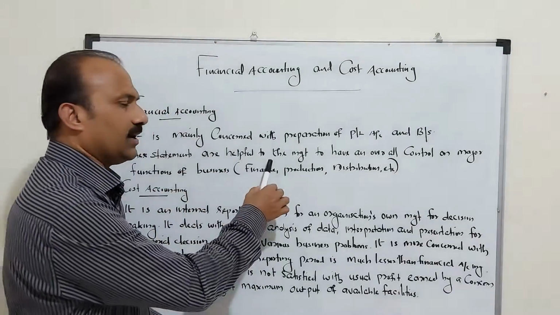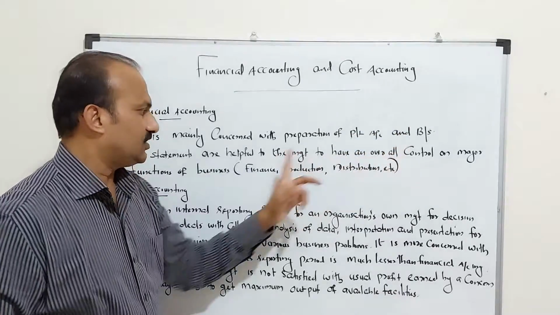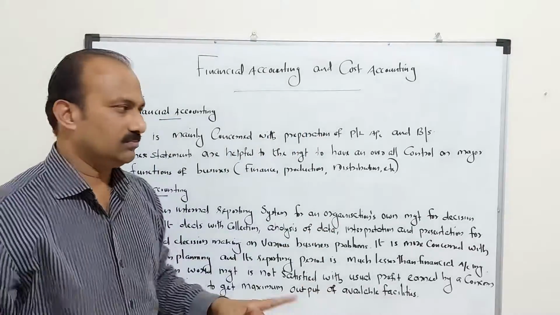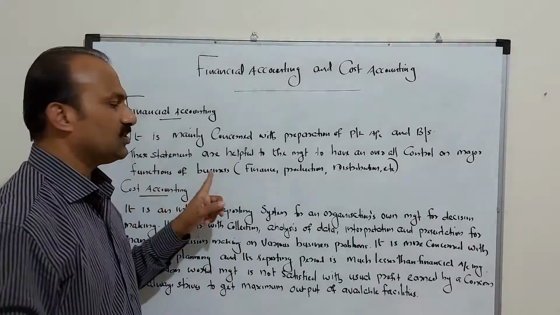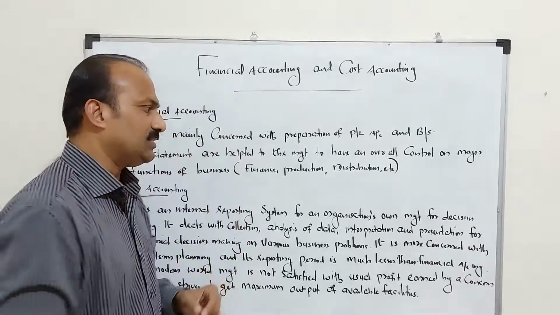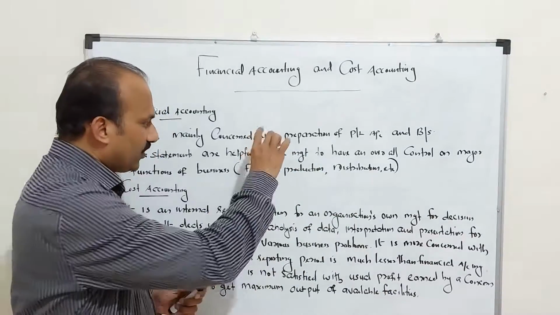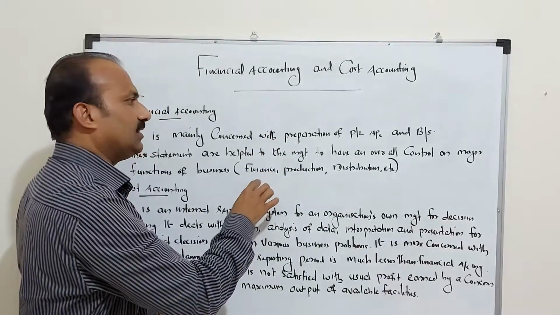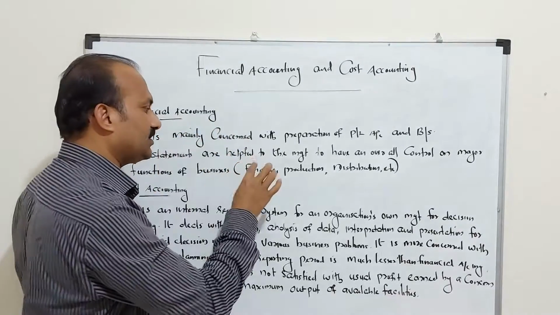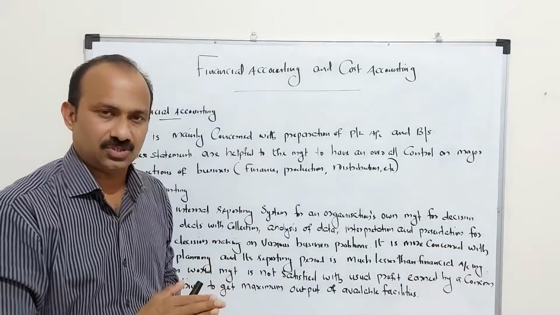These statements are helpful to the management for overall control of the major functions of the business, that is finance, production, distribution, etc. From this, we understand that these statements relate to the financial, production and distribution activities of the organization.